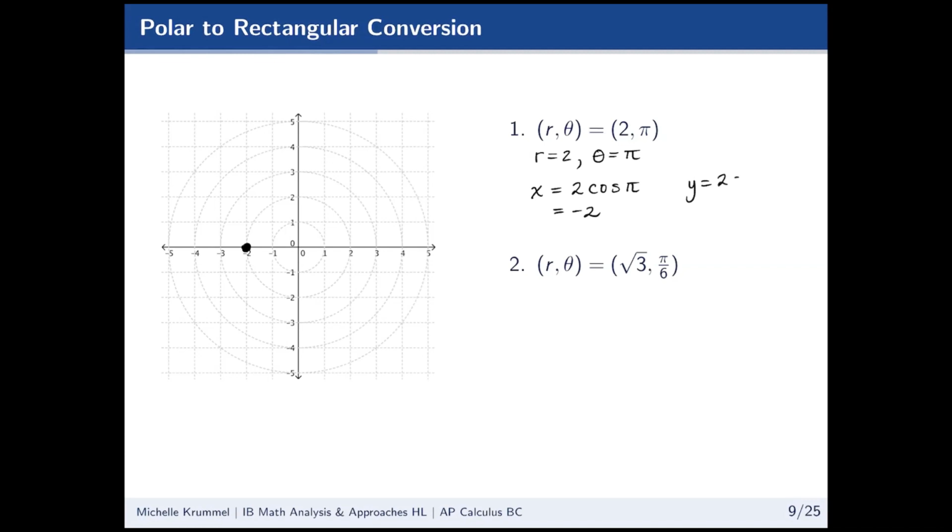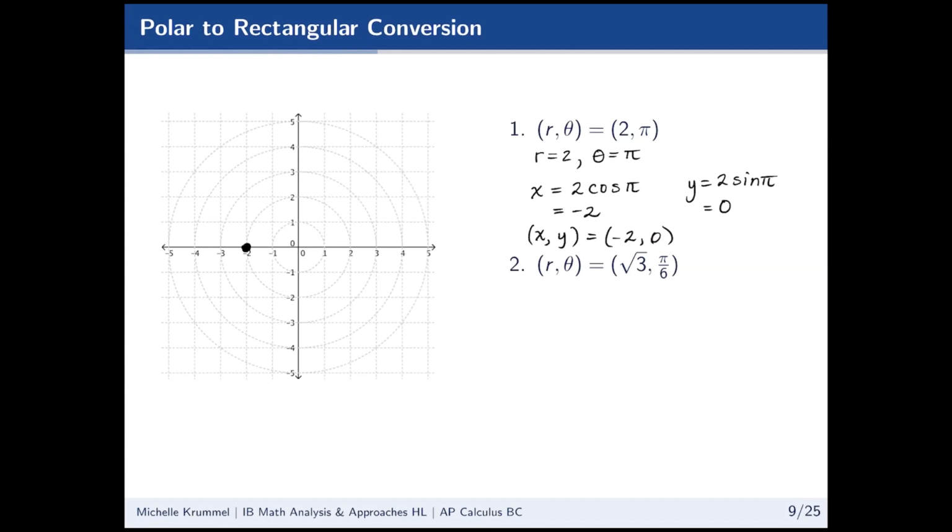So 2 times the sine of pi. The sine of pi is 0, and 2 times 0 is 0. So we have the Cartesian coordinates x comma y equals -2, 0.